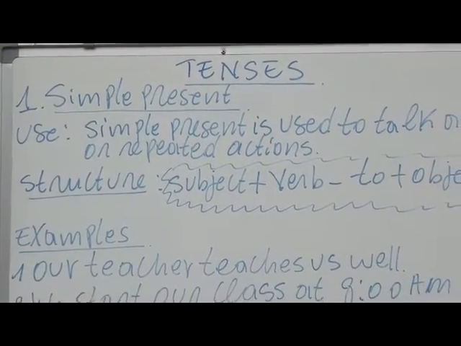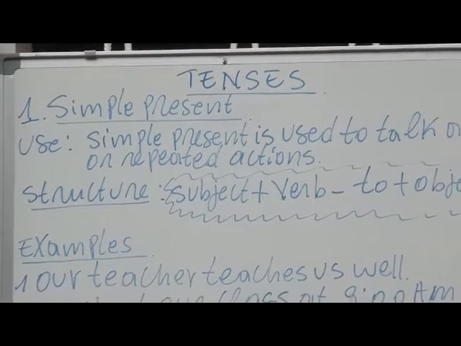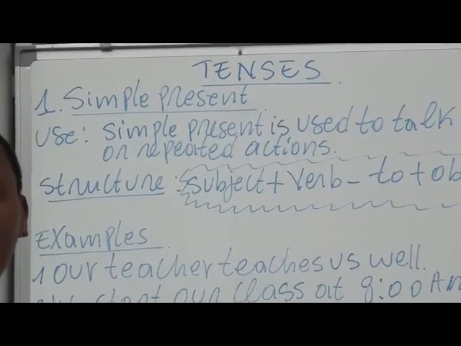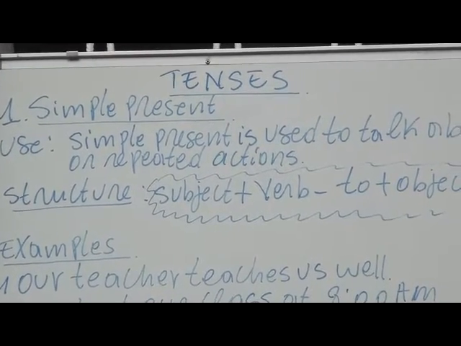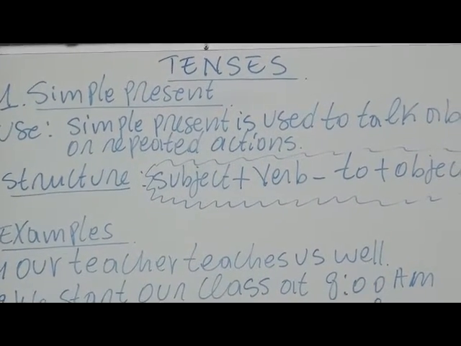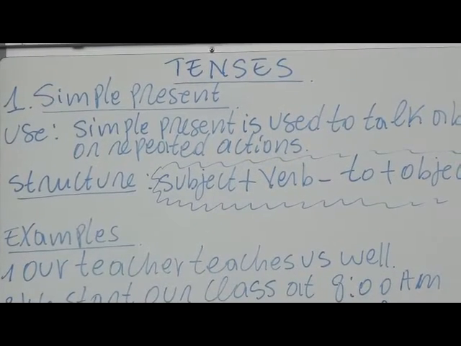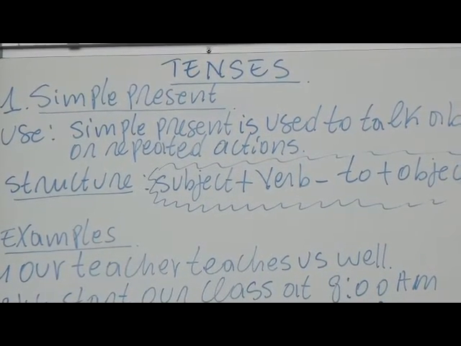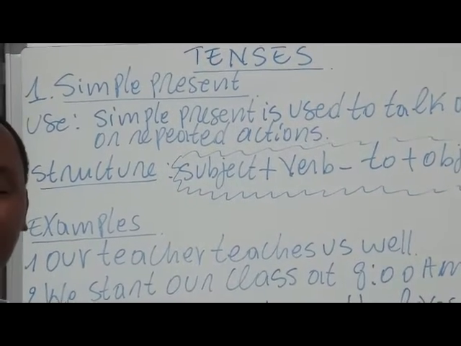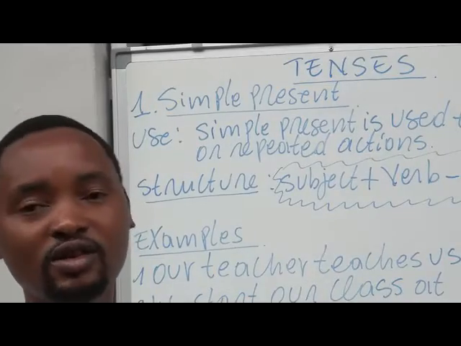It can be present, it can be future, it can be past, and the other tenses related to the ones I already mentioned, like present perfect, present perfect continuous, future continuous, future perfect, simple past, past continuous, past perfect, and so on. We have many tenses in English, but our focus today is going to be simple present.